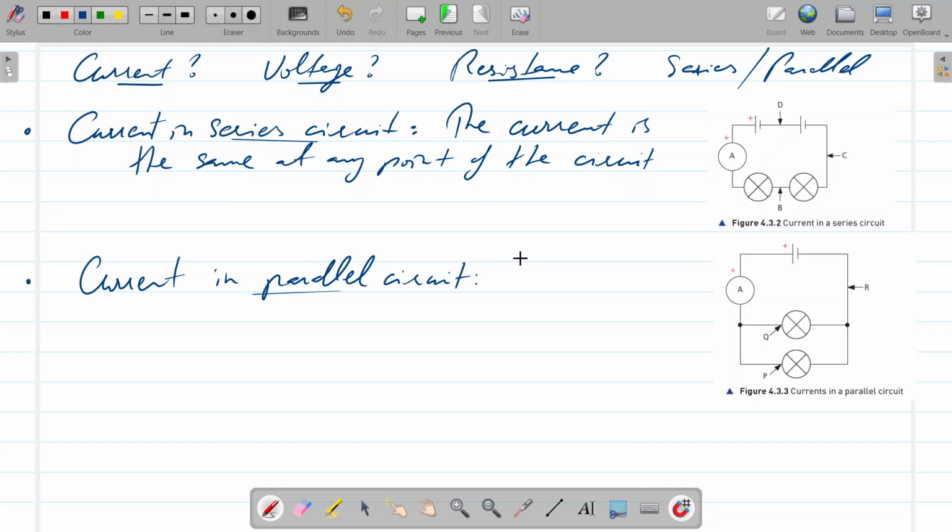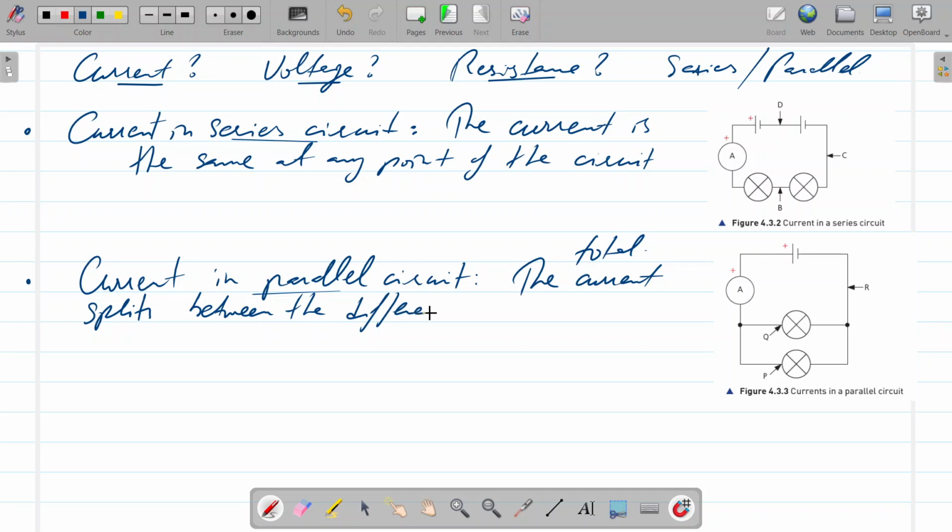And so the current splits. The total current splits between the different components of the circuit.